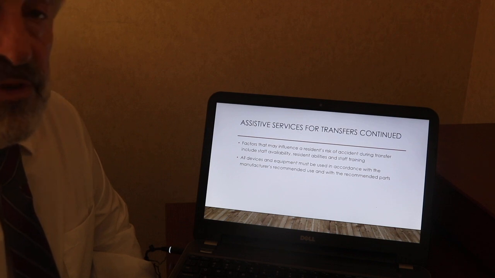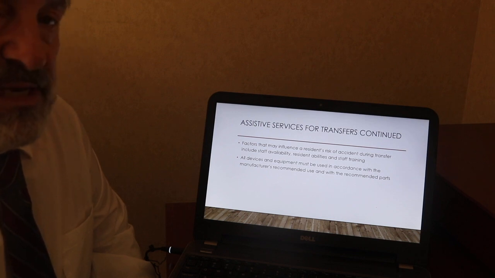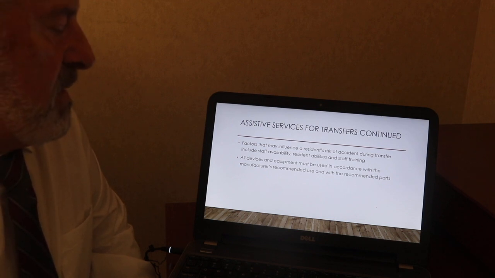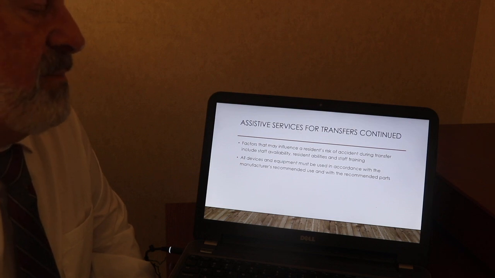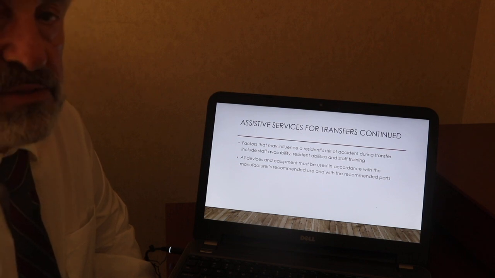Factors that may influence a resident's risk of accident during transfer include staff availability, resident abilities, and staff training. All devices and equipment must be used in accordance with the manufacturer's recommendations and with the recommended parts.